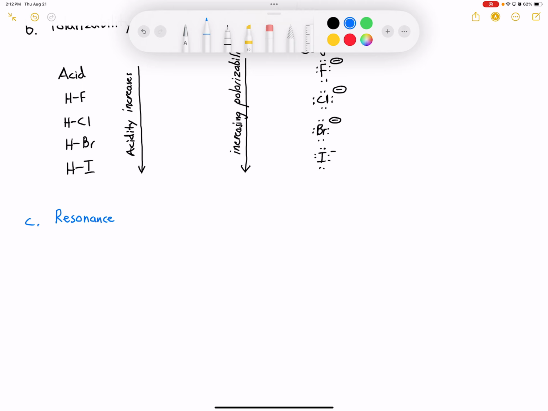There's a phrase called resonance stabilization of the conjugate base. If resonance can move the charge around, that is another way of stabilizing the charge and making an acid stronger.